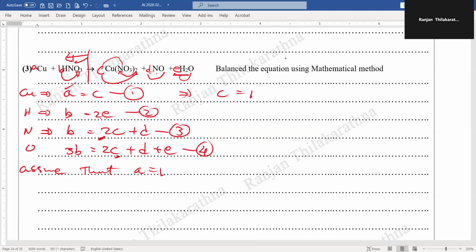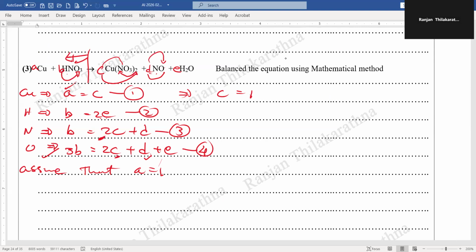Then when we consider this, D times oxygen, 1D, and E, 1E. So that's how you get the fourth equation. A equals 1. Now actually you can't do anything in this case.